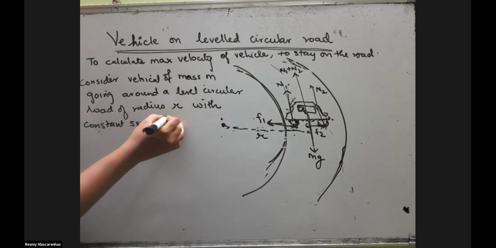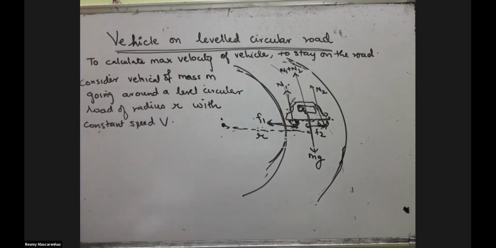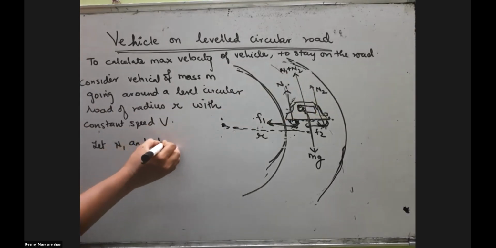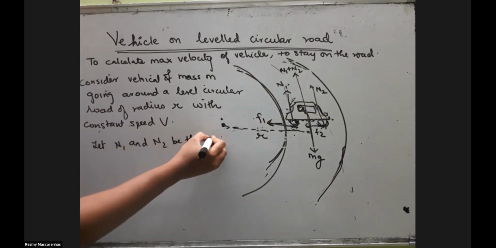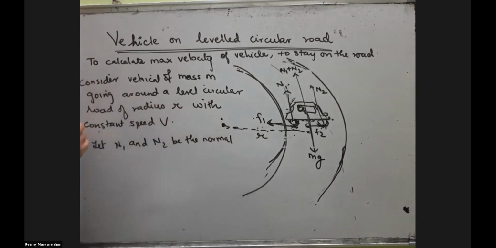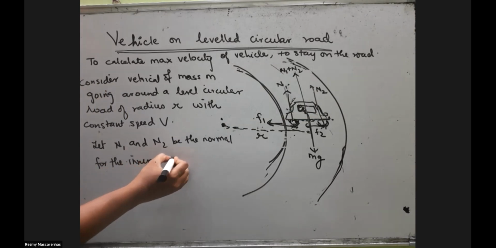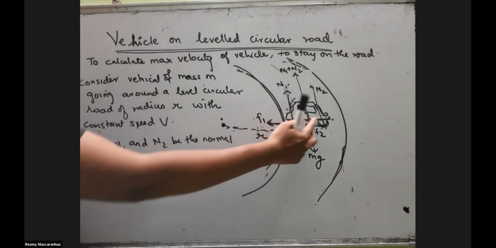Suppose the speed is v. Let N1 and N2 be the normal reactions for the inner and outer wheels. So this will be the inner wheel and this would be the outer wheel.